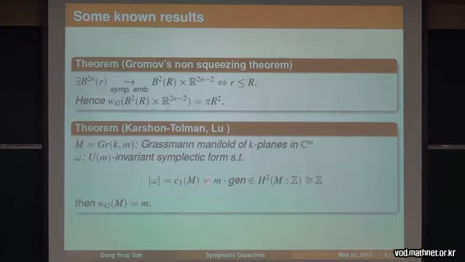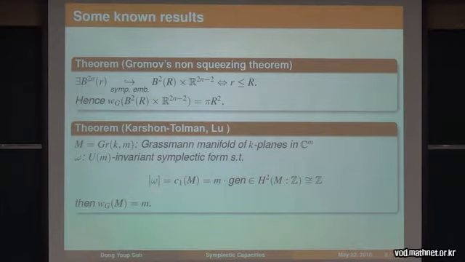We can give a U(n)-invariant symplectic form ω on it. The class of this symplectic form, which is a two-form, you consider as a two-cohomology class.